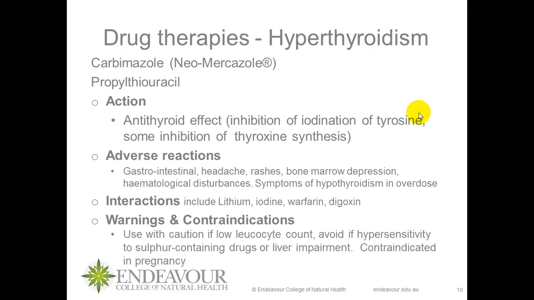These block drugs, the antithyroid drugs, produce some gastrointestinal adverse effects and some CNS effects, but it's important to note that one of the more important adverse drug reactions is bone marrow depression and hematological disturbances. Also, in very high doses of these antithyroid drugs, the person might develop hypothyroidism if they had taken too many.